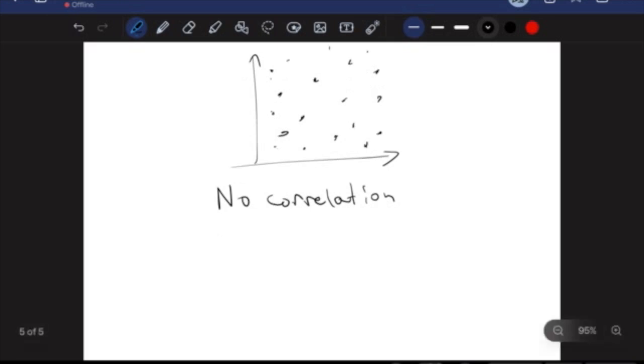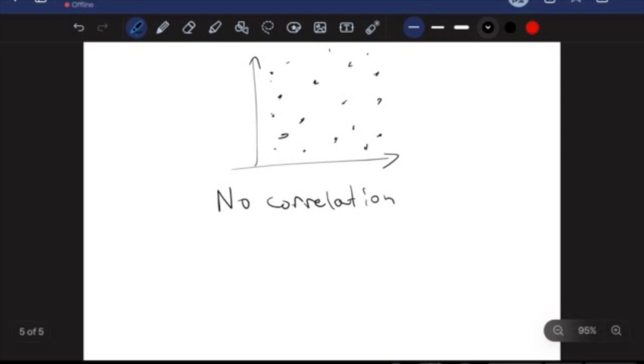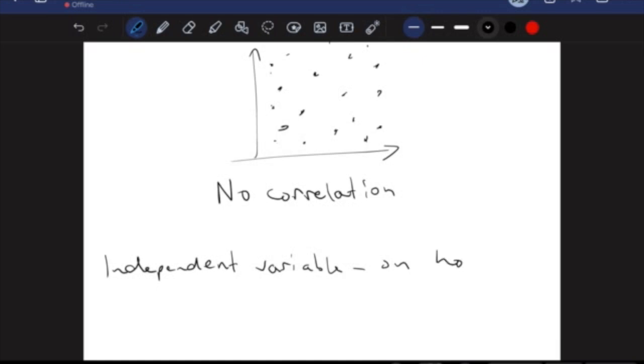Now, a couple more things we're just going to talk about for the concepts here is the idea of an independent and a dependent variable. Now, our independent variable, this is on the horizontal axis.